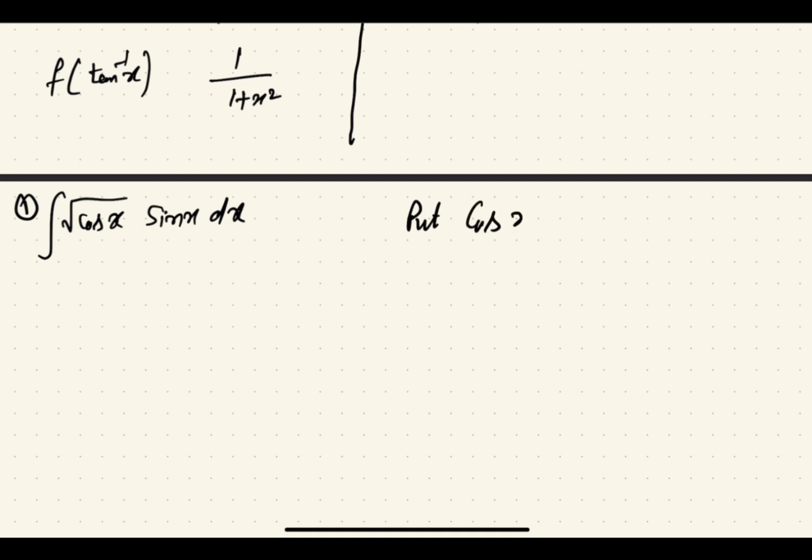We will put cosine x equal to t, and the derivative will be minus sine x dx equal to dt. And you take the negative sign to the other side.